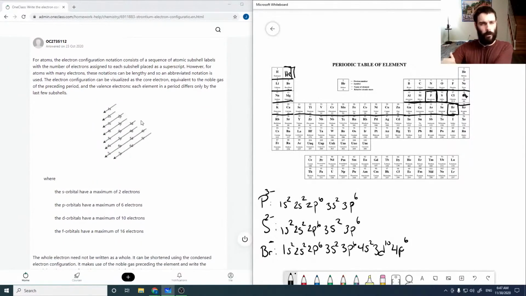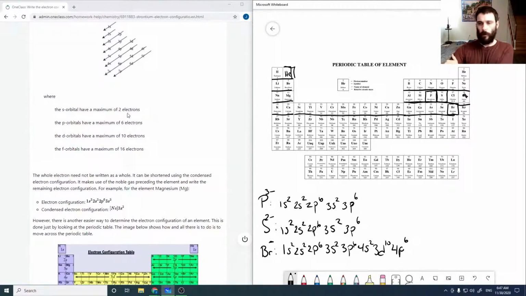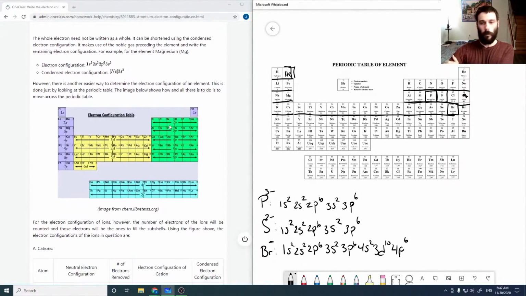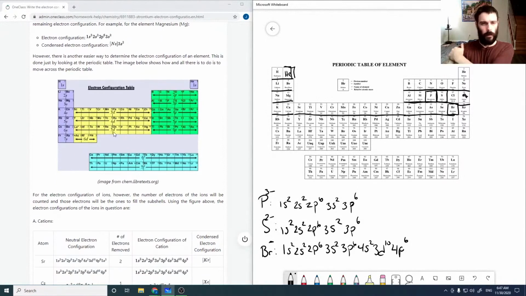Okay, so here's the solution. So the f orbitals actually don't have 16 electrons, they can all have 14. You can just get it by just counting. And then yes, we can write it in condensed form. I find it much easier just to count across, which is basically what this is showing.